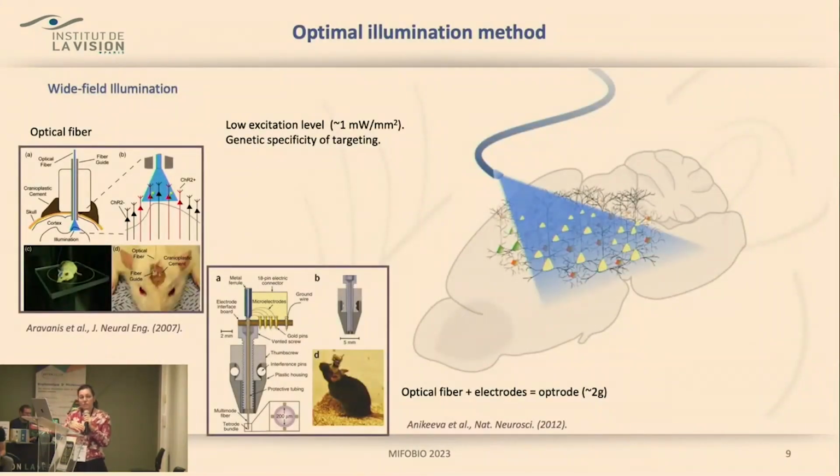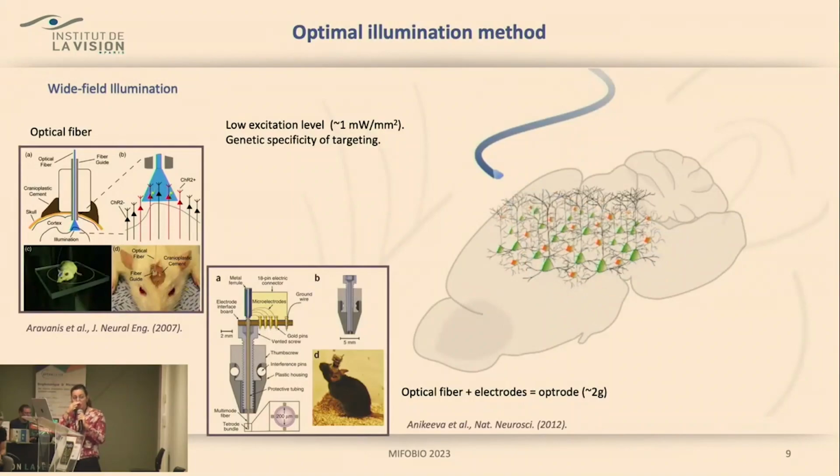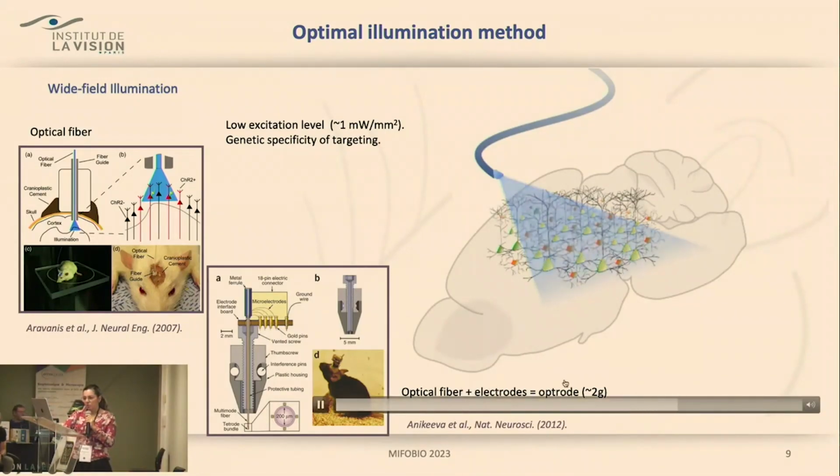And what illumination methods were mostly used at the beginning, when optogenetics came onto the stage?